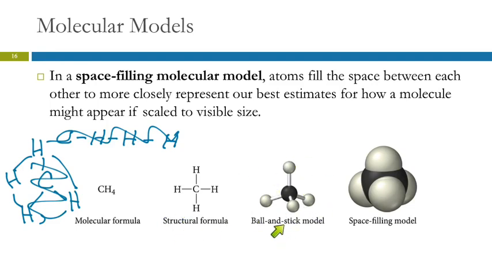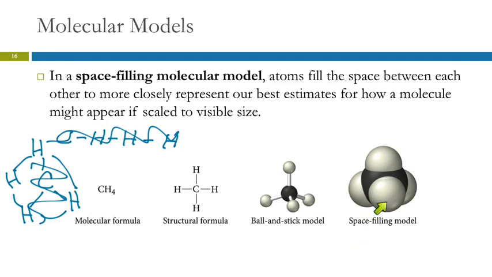This is what it does. The ball and stick model shows us that this is not a flat two-dimensional molecule. This looks flat, doesn't it? It's in the plane of the screen, it's just flat. The actual molecule is three-dimensional, and we'll learn later this shape is called a tetrahedron. The space-filling model gives us an even more accurate representation of what the molecule would actually look like.